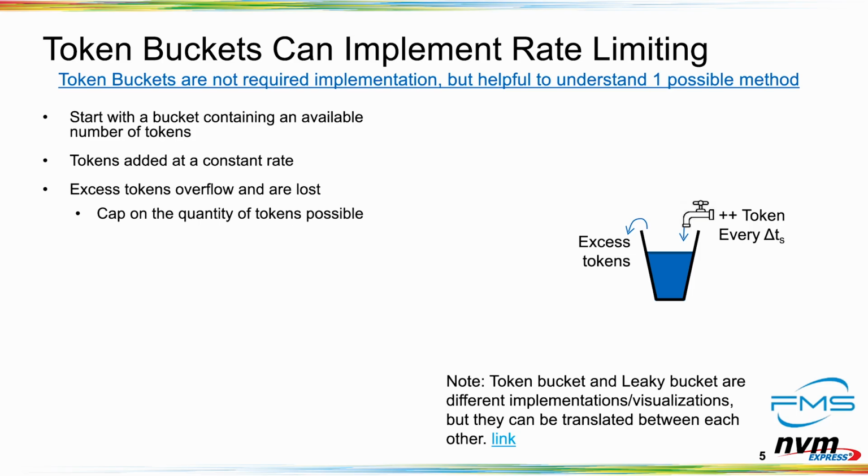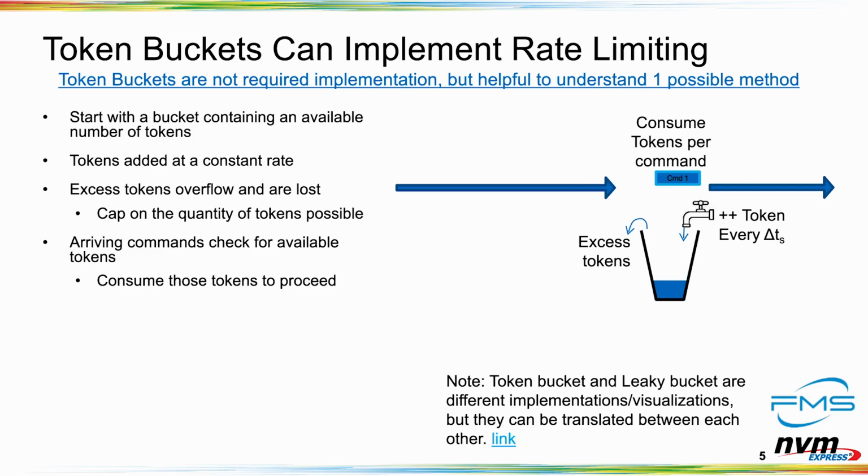When a tenant comes in with a command, it consumes some amount of tokens. The amount of available tokens for later commands goes down. That command proceeds on. It paid that cost in the tokens, consumed them, and moved on.